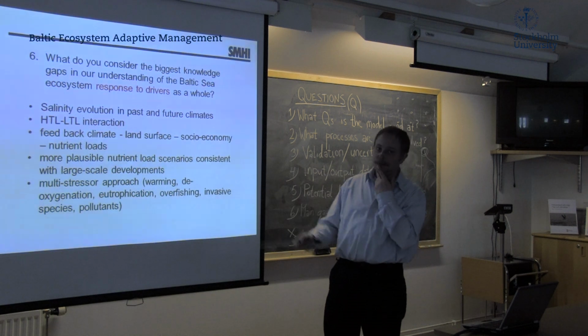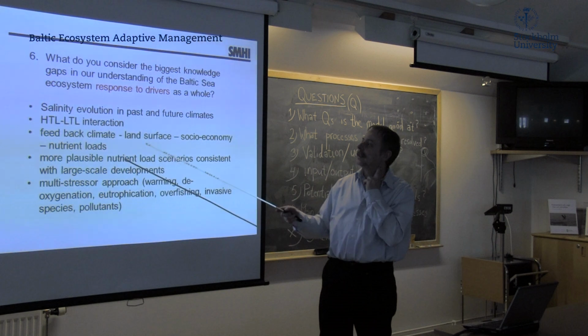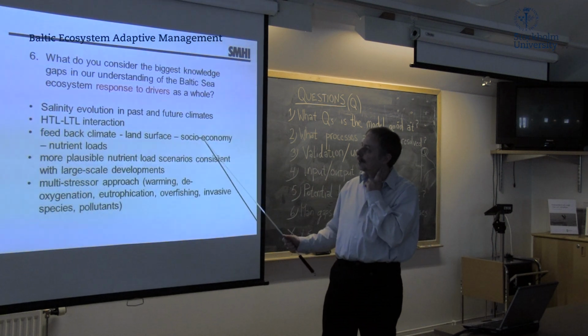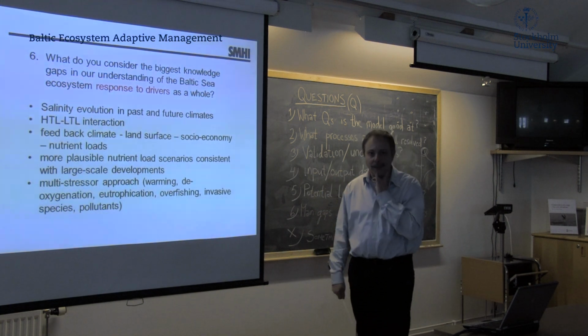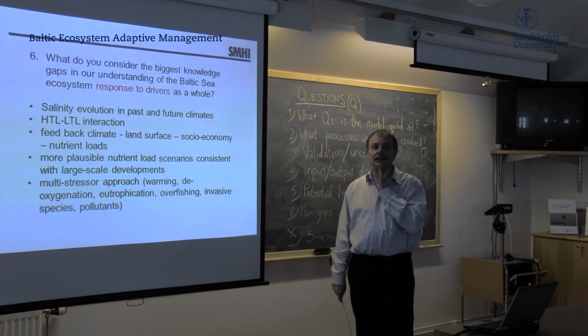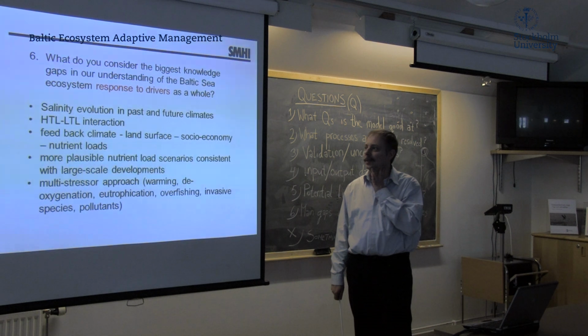and the whole system is not really well described, like the feedback between the climate, the land surface, the socioeconomic response, and nutrient loads. I have shown you here the results from very coarse and simple nutrient loads, business as usual and Baltic Sea Action Plan.